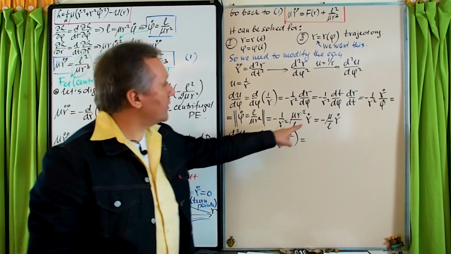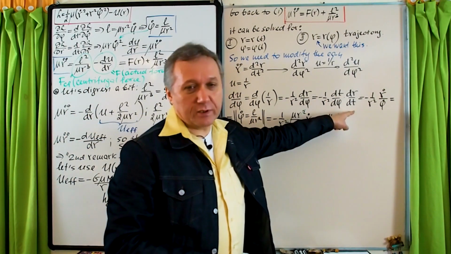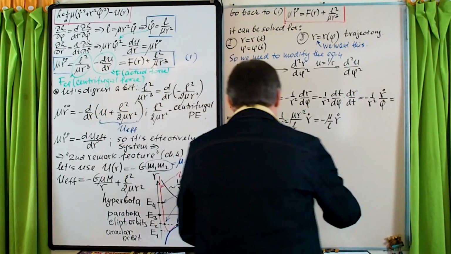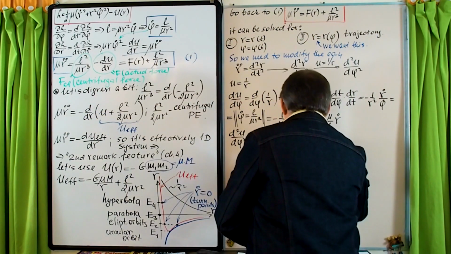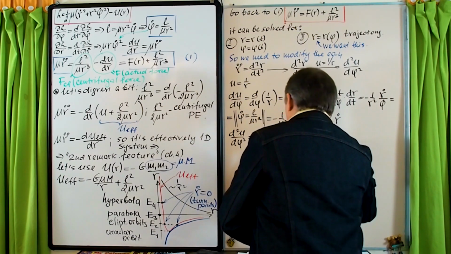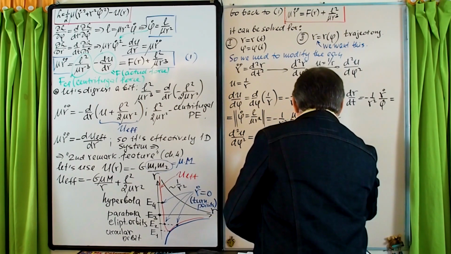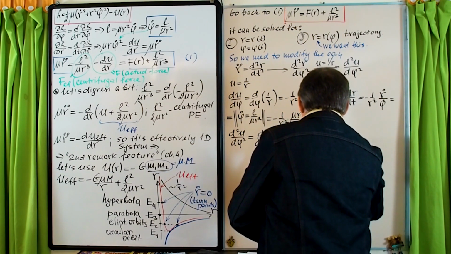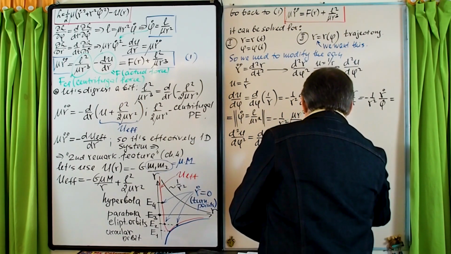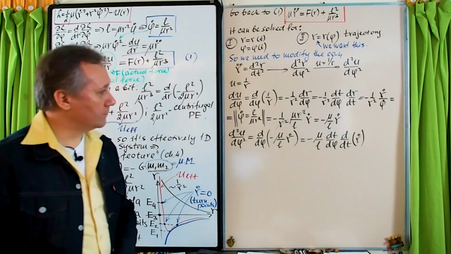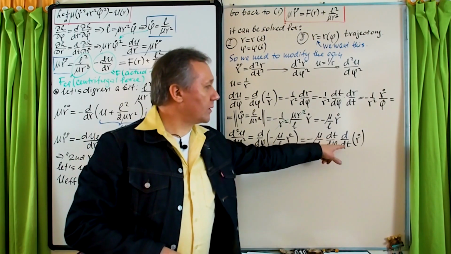And I'm going to do the same manipulations like I've done here with dt. I'm going to insert dt into this derivative. So, first the constant outside, mu over L, and then dt over d phi and d over dt of r dot.